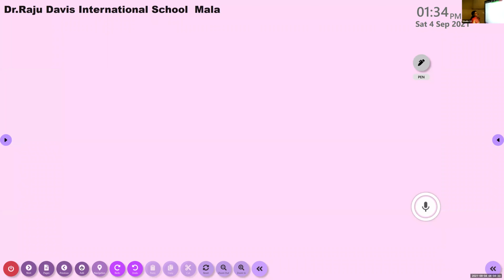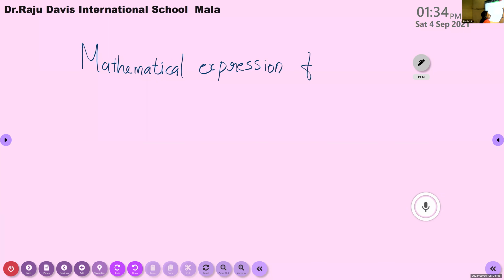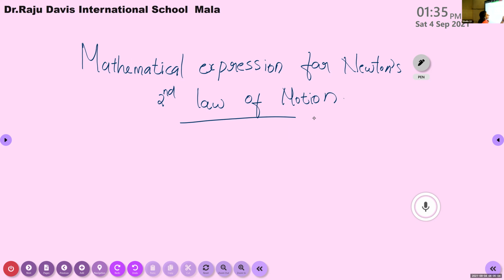Write the next subheading: mathematical expression for Newton's second law of motion.